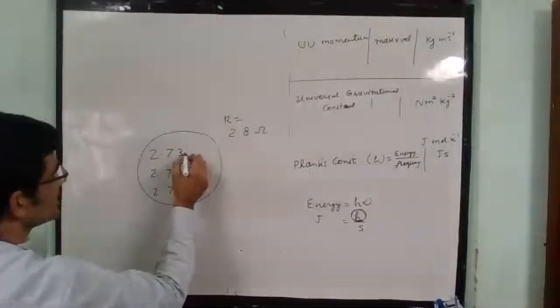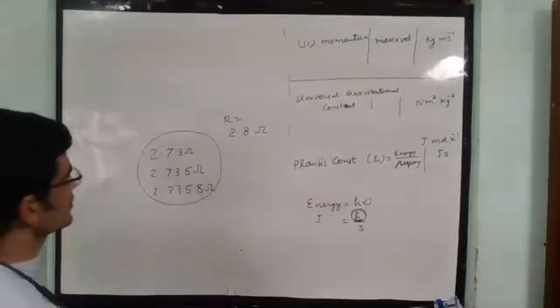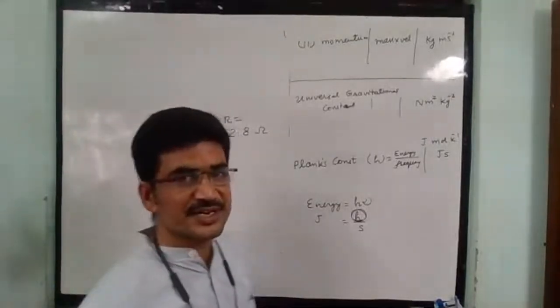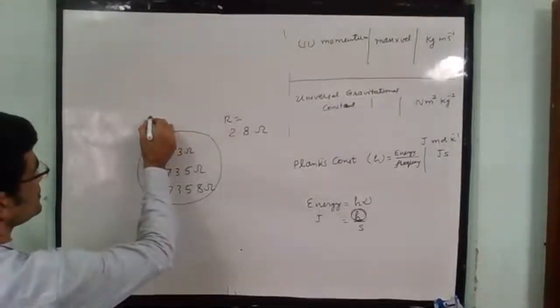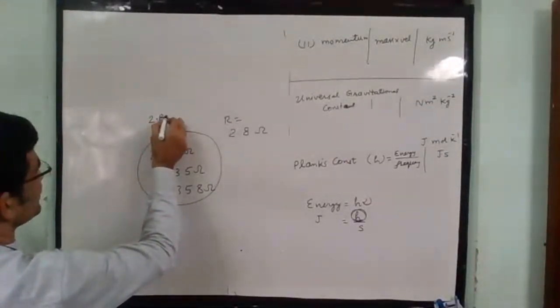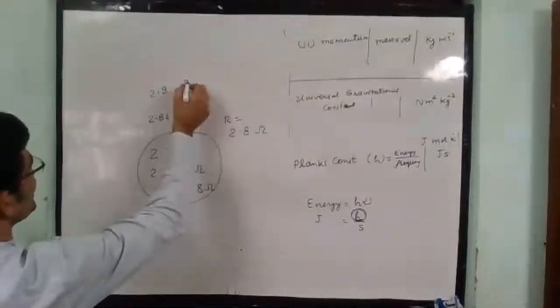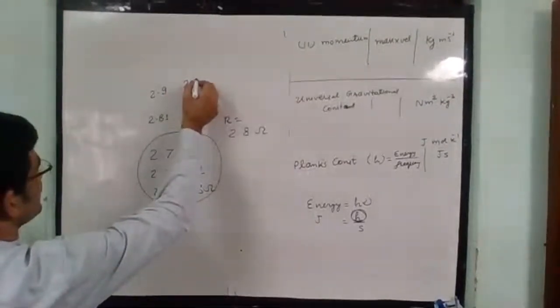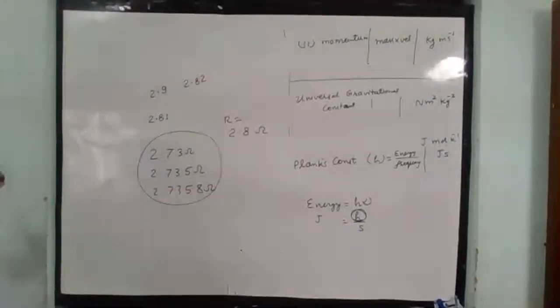One student's reading is this, the second student's reading is that, the third student's reading is that. Okay, so the actual rating is that, and the students' measurements are like this. Okay, so these are the readings.